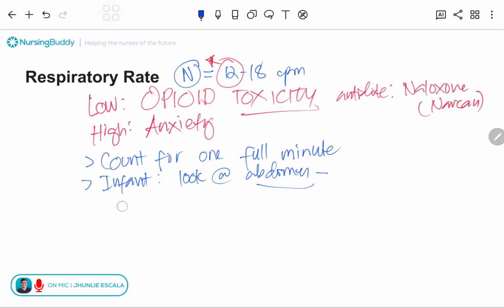So, kapag mababa po ang ating pong RR, we call that your bradypnea. We know that. We just need to be reviewed about this one. Okay? So, kapag mababa po ang ating respiratory rate, what would happen to us? Tandaan ninyo, what gas are we actually excreting through the respiratory system?